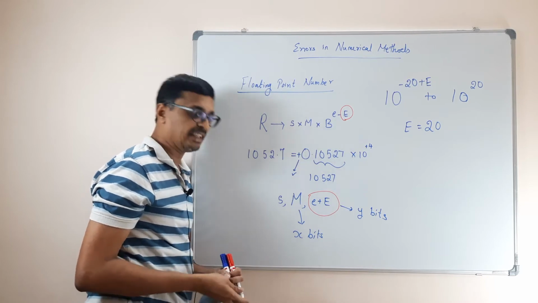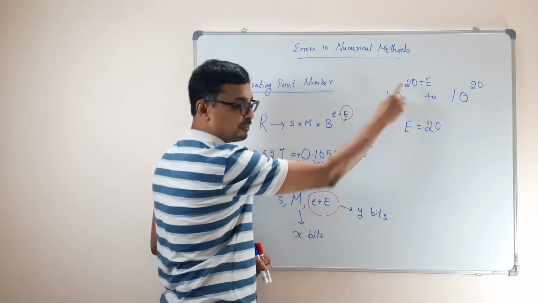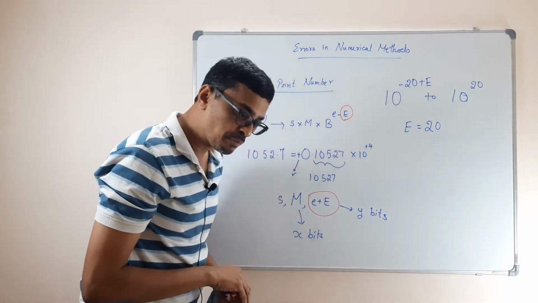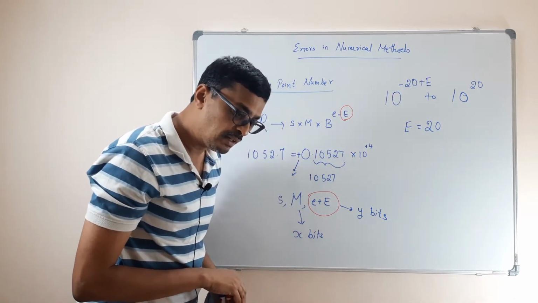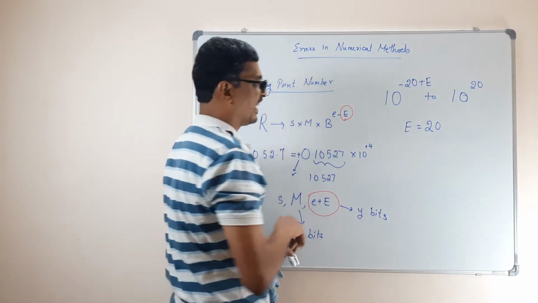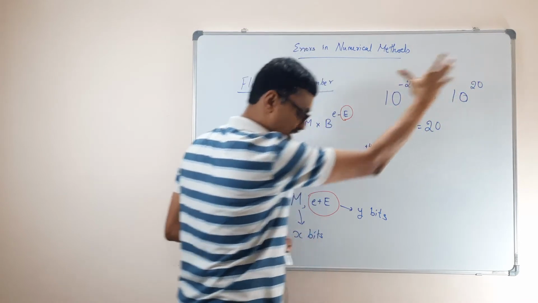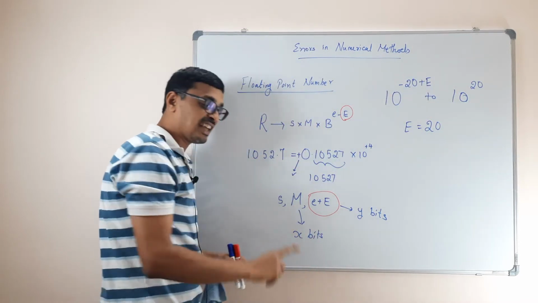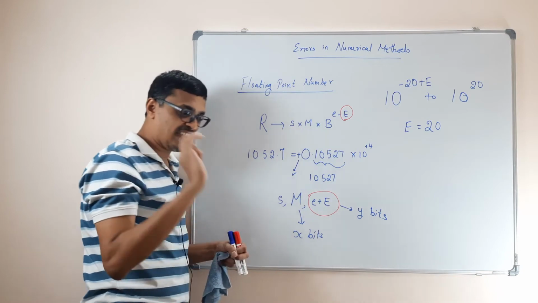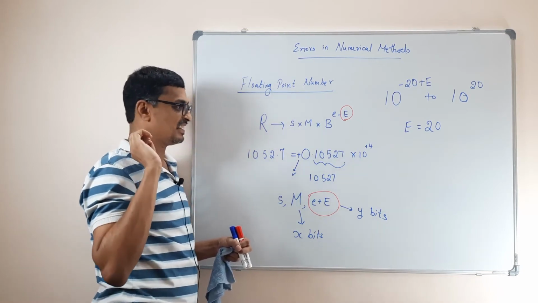Exactly. The mantissa is just for the accuracy of the decimal. Exactly, correct. So your y decides the exponent, which gives the smallest and largest number, and the mantissa decides how precisely, how accurately, you are able to represent the real number.